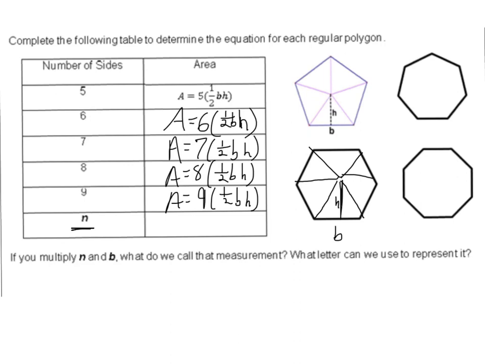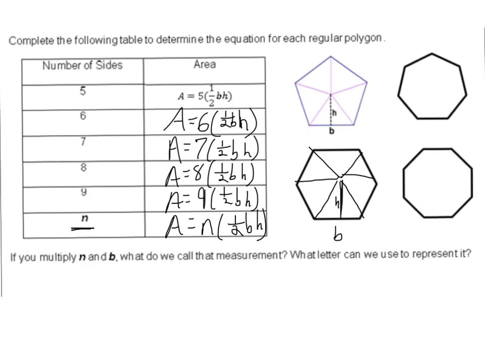As you can see from the rest of the table, when it was 5 sides, I had 5 times 1/2 base times height. 6 sides, 6 times 1/2 base times height. 7 sides had 7 times 1/2 base times height. So, if I have n sides, the area is going to be n times 1/2 base times height. So really you're just finding the area of one of the triangles and multiplying it by the amount of sides there are. However, there's actually an easier way to write out this formula.